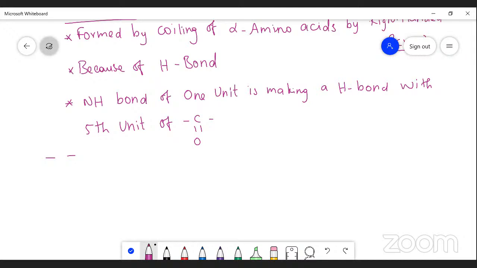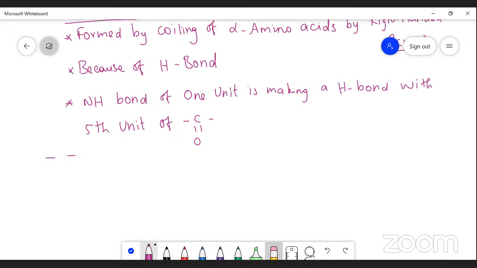So the hydrogen bond is formed between the NH bond of one unit and the CO bond of the fifth unit.